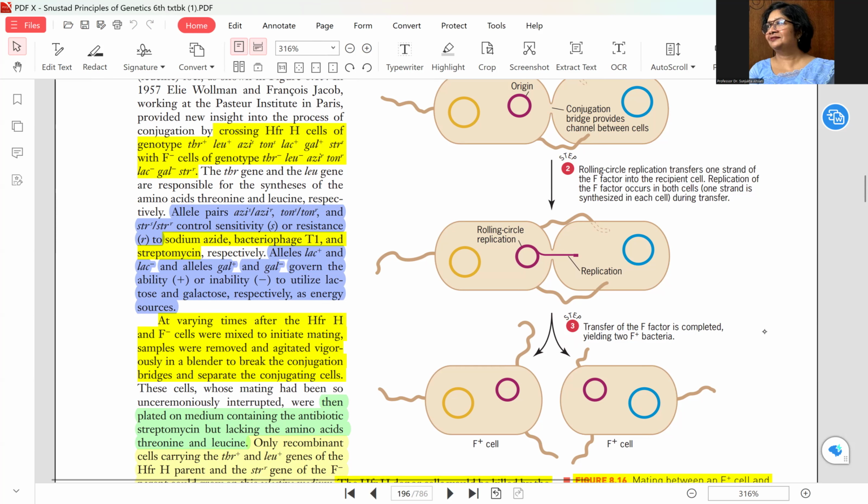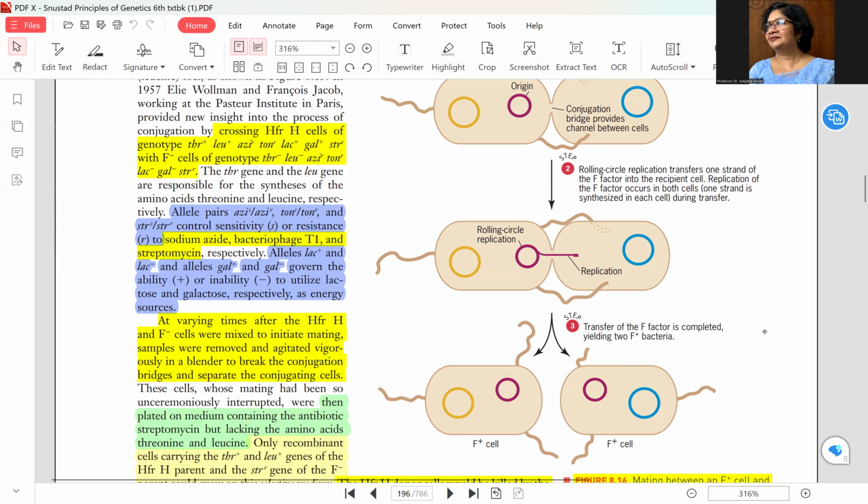Threonine plus is a gene for an enzyme which synthesizes the amino acid threonine and enables bacterial cells to synthesize proteins subsequently. Leucine plus likewise is the gene which allows the synthesis of leucine, which can be used for forming proteins.